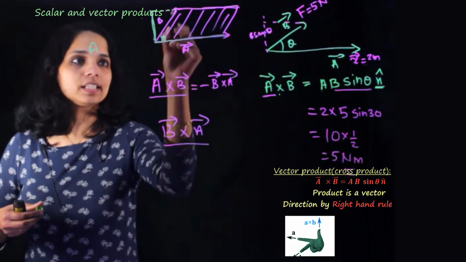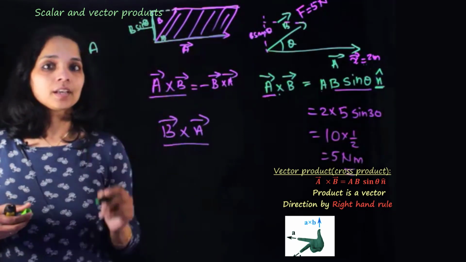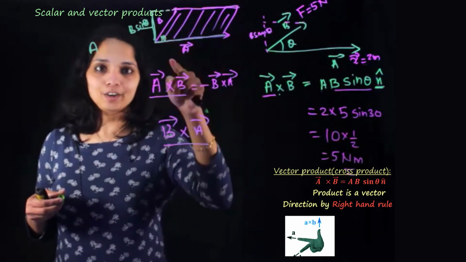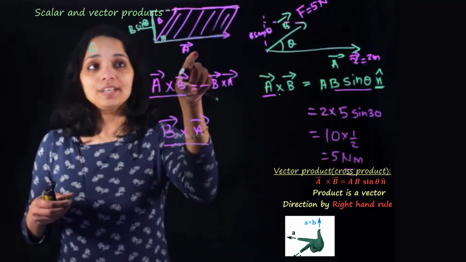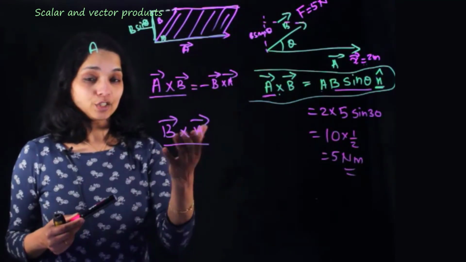If this angle is theta, that component is B sine theta. So the vector product is giving us the area of the parallelogram of which the sides are vector A and vector B. So are there any physical examples where you can use this cross product?